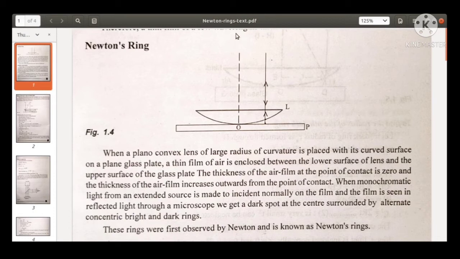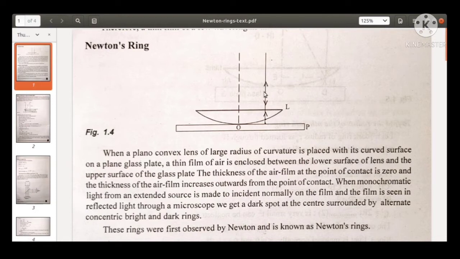That is, what we are doing is placing a monochromatic source of light here, and this is allowed to fall on this glass plate normally. So this light will fall on this plano convex lens, which may transmit to this region and get reflected back.